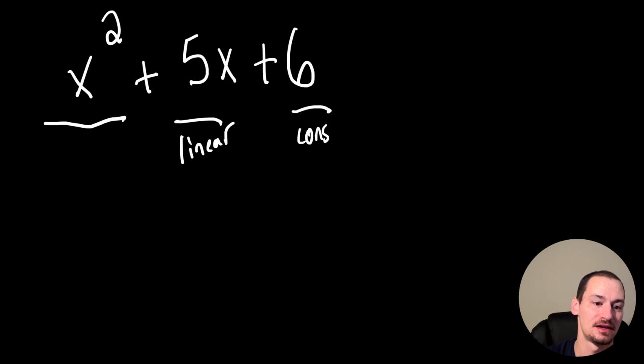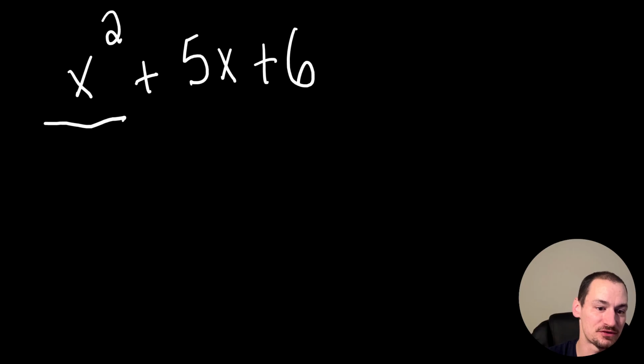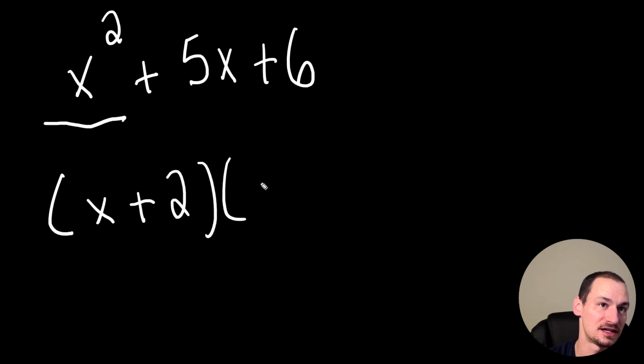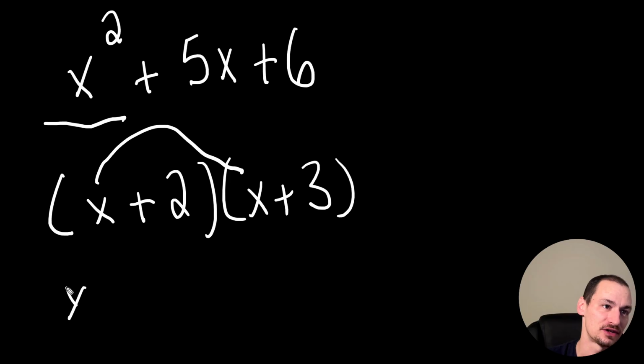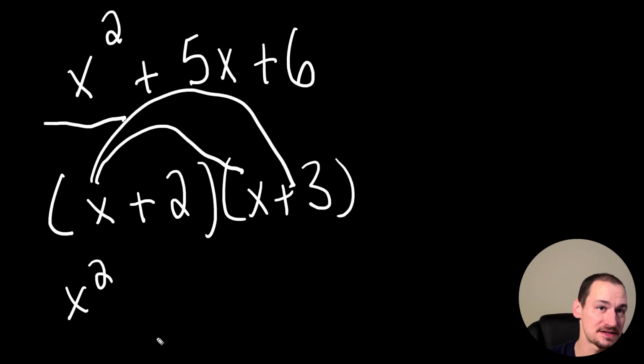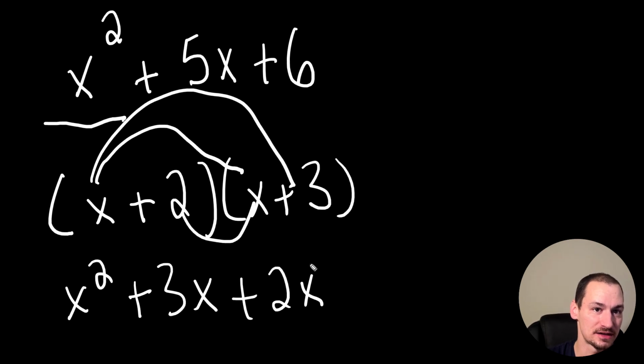But hopefully you've done some polynomial operations now, so you can maybe learn that this comes from multiplying two binomials together. If you do x plus 2 times x plus 3, and you do what's called foiling, or double distribution is how I prefer to call it, you do x times x for x squared, x times 3 for 3x, 2 times x for 2x, and then 2 times 3 for 6.